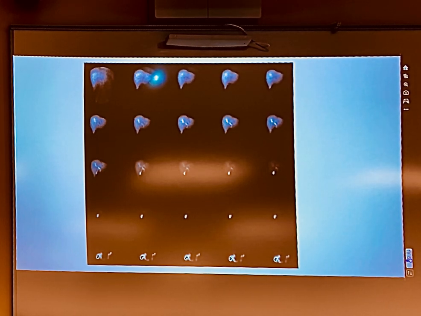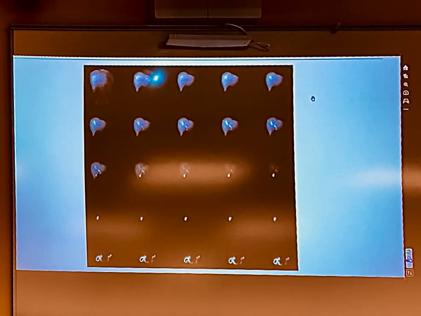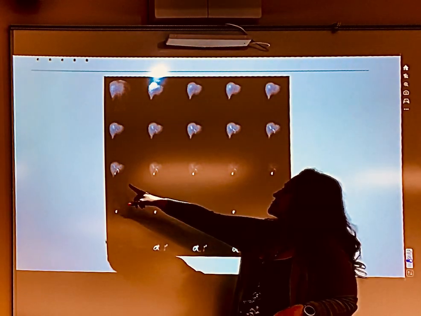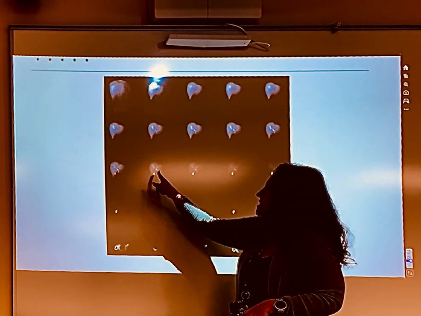Are those dynamic images? Yep. I wish they were labeled with time. The gallbladder is that little teeny tiny one, like in the second to the bottom row? So gallbladder starts right here, and then just gets bigger and bigger.